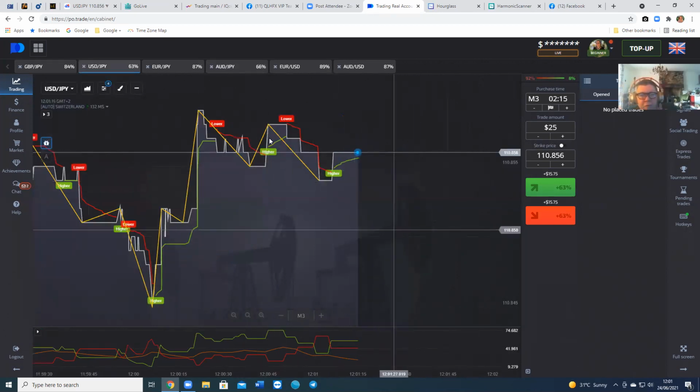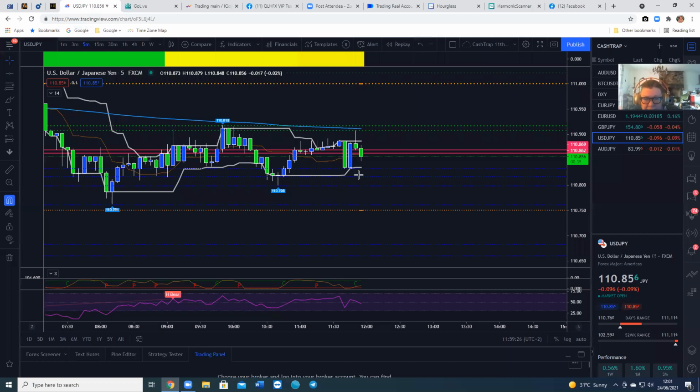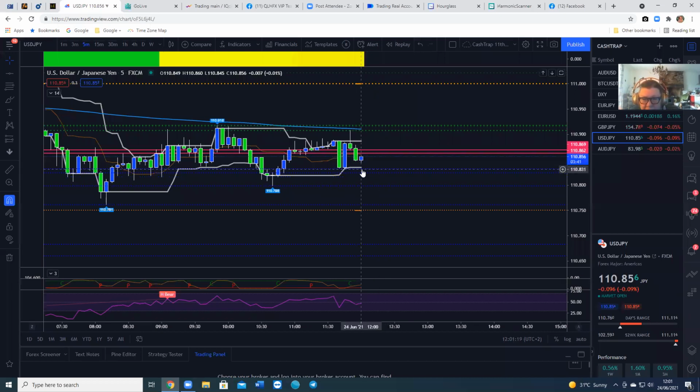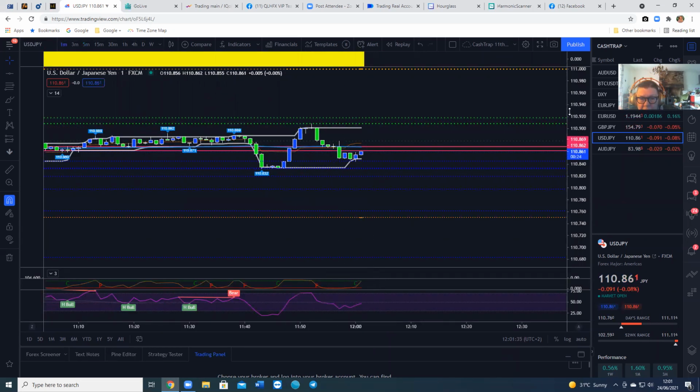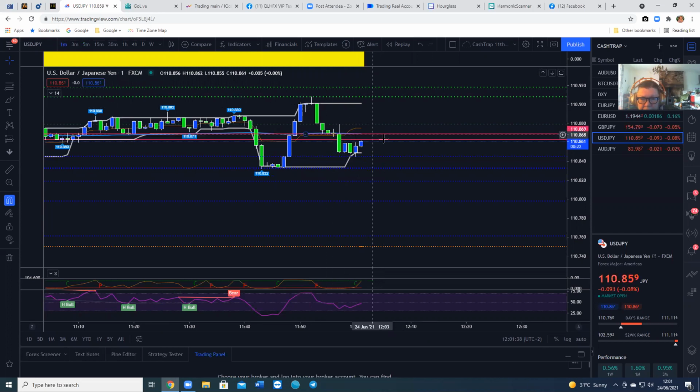Didn't do what I thought it would do, and if I was staying, I'm not staying on the live session, I'd wait for the 15-minute and take a put off that because it looks like it's carrying on down now, doesn't it? It's below our 200 moving average on the 1 minute.